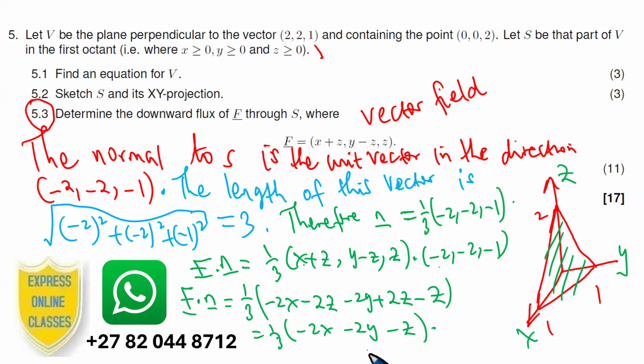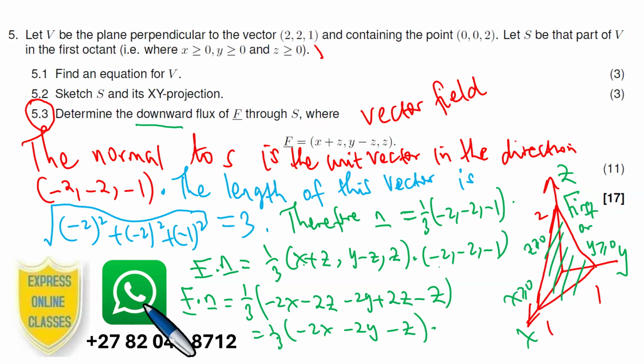Now for the downward flux, you need to note that this is the first octant, where first octant would mean x positive, y greater or equal to 0, also z greater or equal to 0.